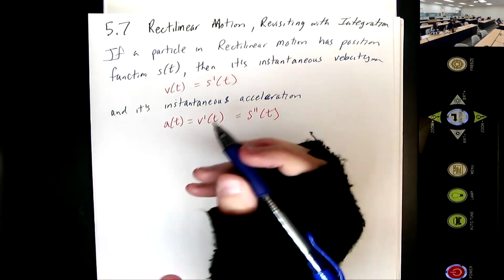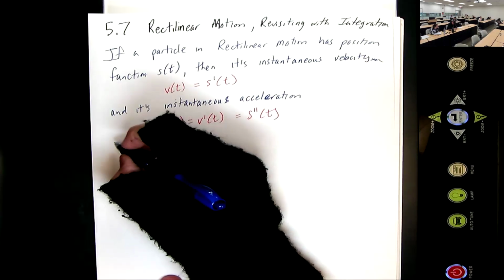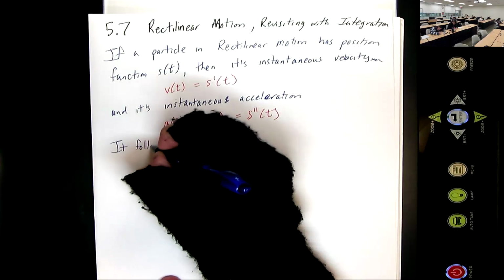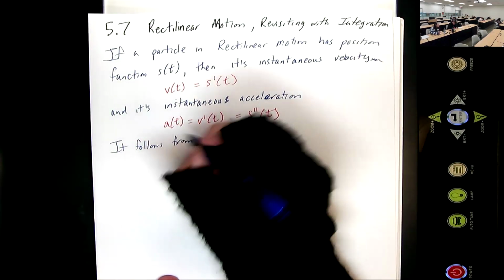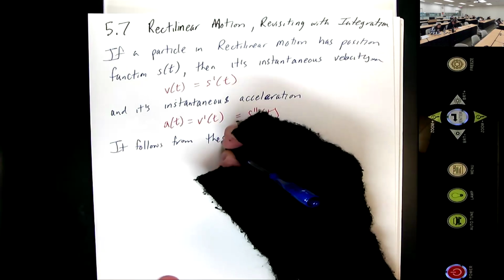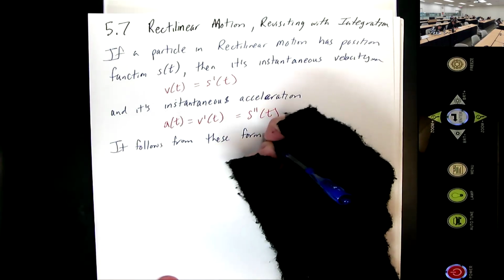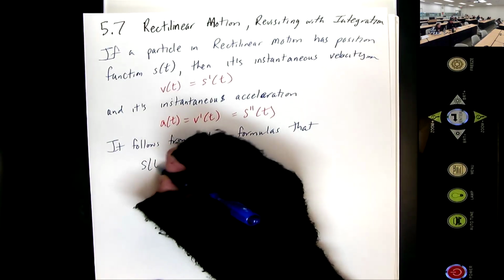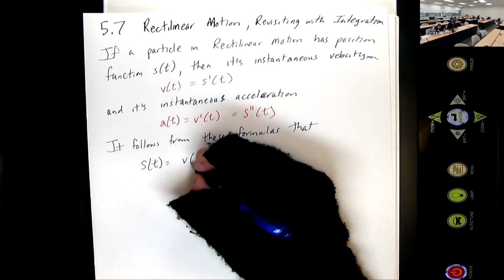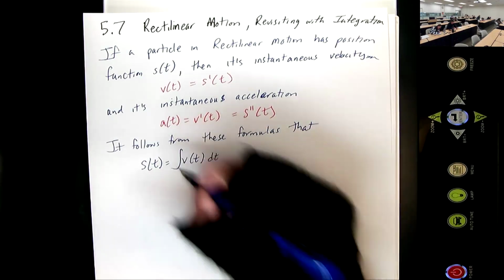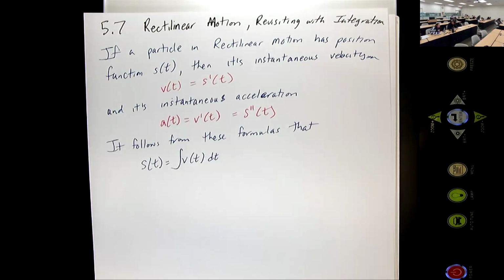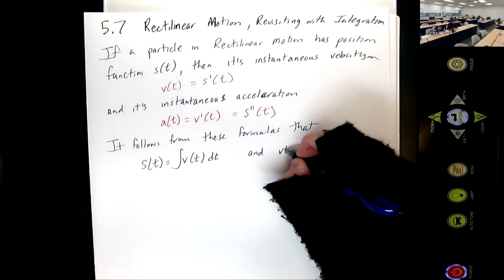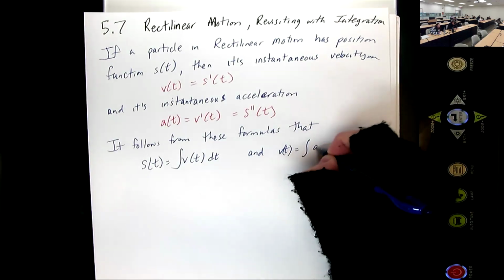So if it's got position function s, velocity v and acceleration a, it follows from these formulas that, as we just got done saying, s of t equals the integral of v of t dt, and v of t equals the integral of a of t.